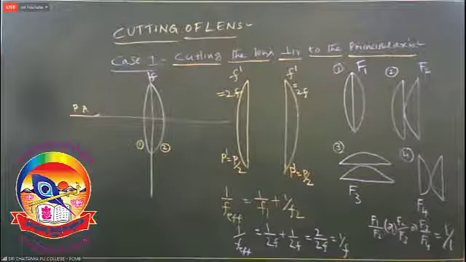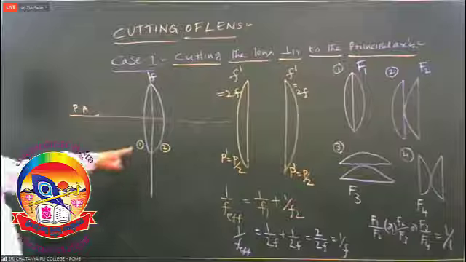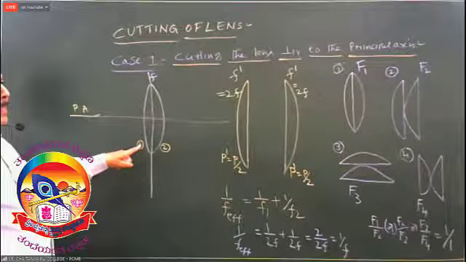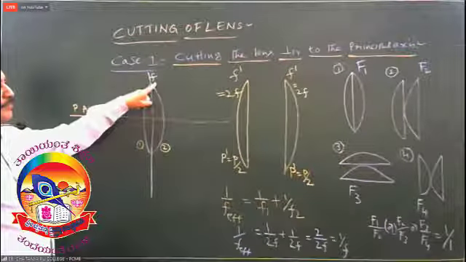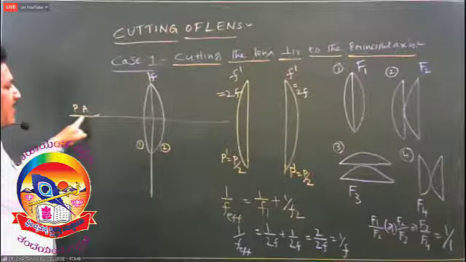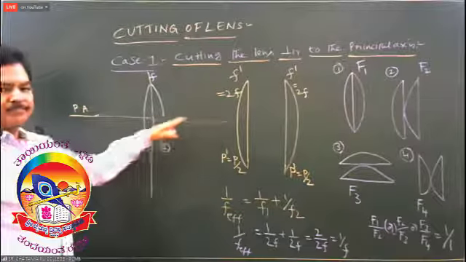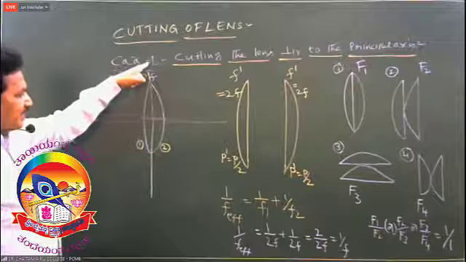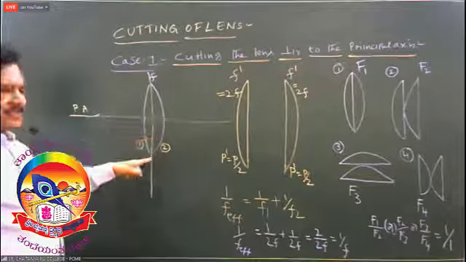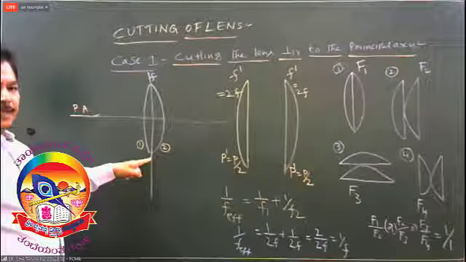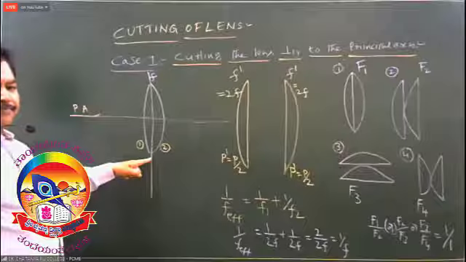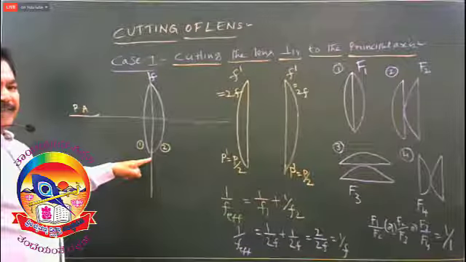Cutting the lens perpendicular to the principal axis. Equiconvex lens, focal length f. This represents the principal axis. Now the lens is divided into two pieces, perpendicular to the principal axis.